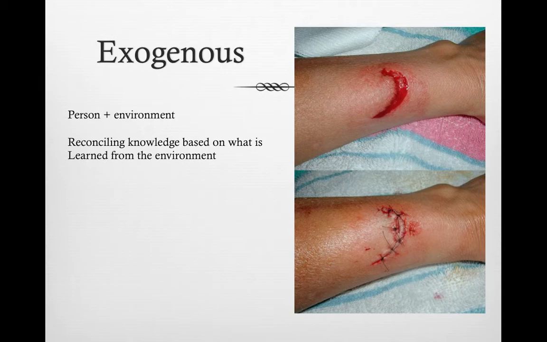Similar to behaviorism in some aspects and social cognitive theory in others, learning is acquired by interacting with the external environment. In the picture to the right, learning to sew a laceration would involve observing a skilled practitioner perform the skill and the student processing this information in their mind.